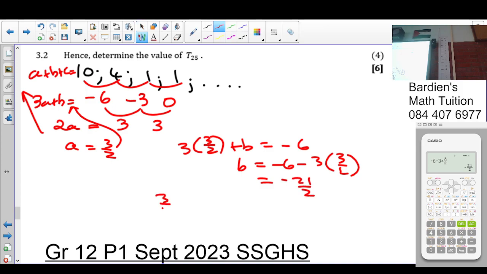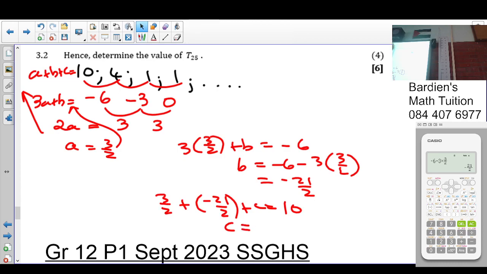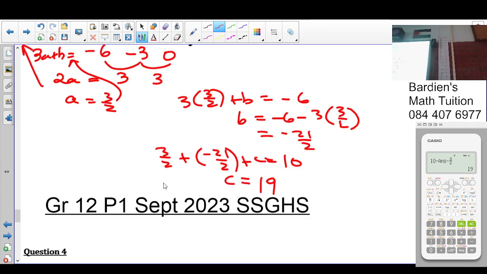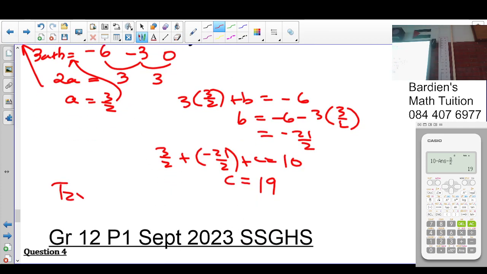And c: 3 over 2 plus negative 21 over 2 plus c is equal to 10, so c is 10 minus the answer, which is 19. Therefore, for T25, Tn is equal to a, which is 3 over 2, times 25 squared, minus 21 over 2 times 25, plus 19.